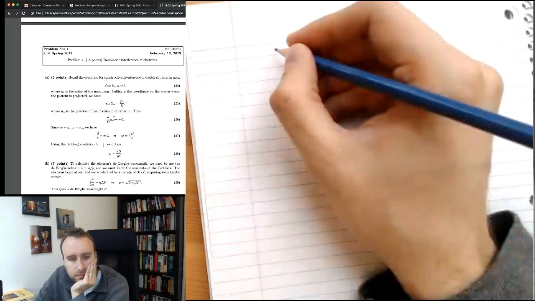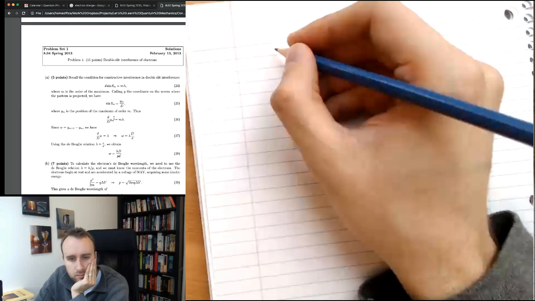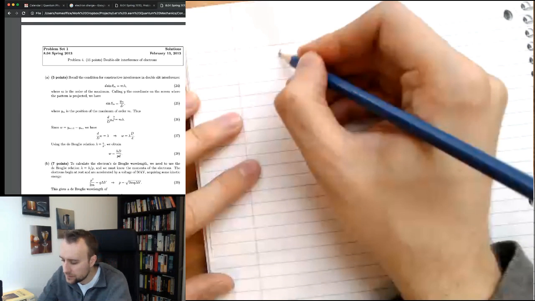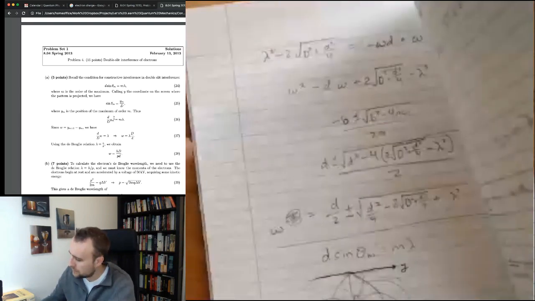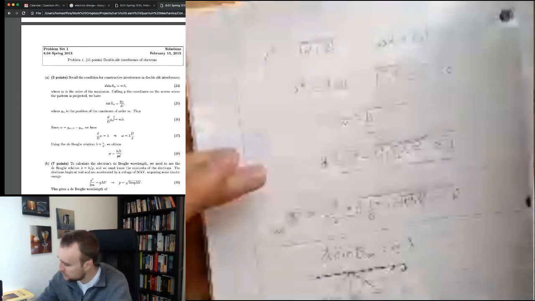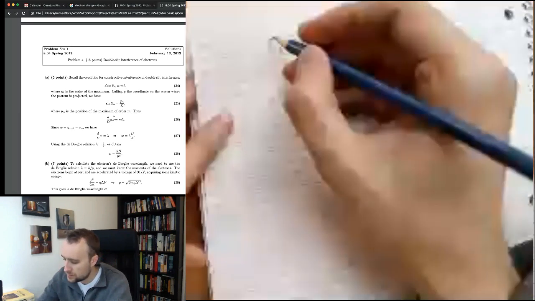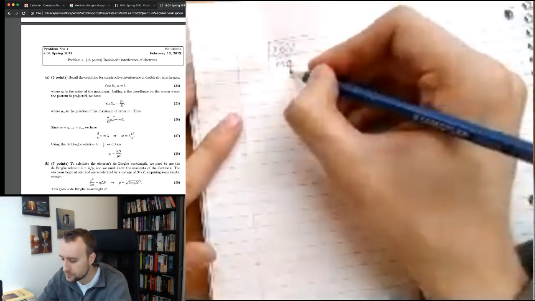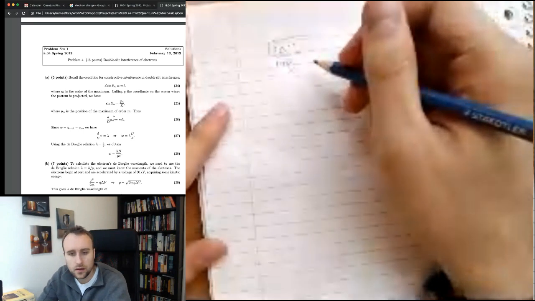Momentum squared divided by the mass. Let me just look at this again. I have delta V. What did I write? Delta V, square root of 2 delta V m Q. And they're saying this is velocity.